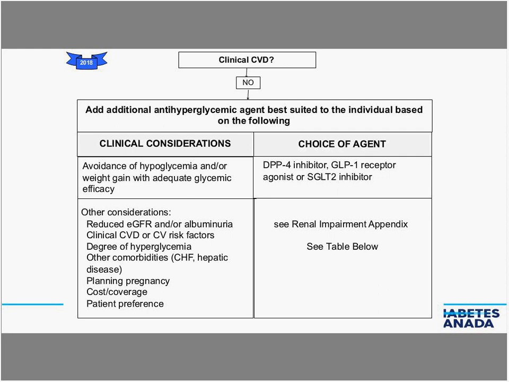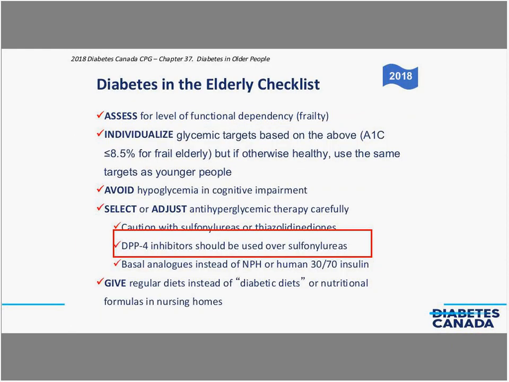And so the drugs that we're looking at as the second choice in the absence of CAD would be either a DPP-4 inhibitor or an SGLT2 inhibitor or a GLP-1 agonist, recognizing that none of those drugs under those circumstances are covered by pharmacare, so cost will be an issue for many patients. That's the drug of second choice. So I think we can skip all of that.